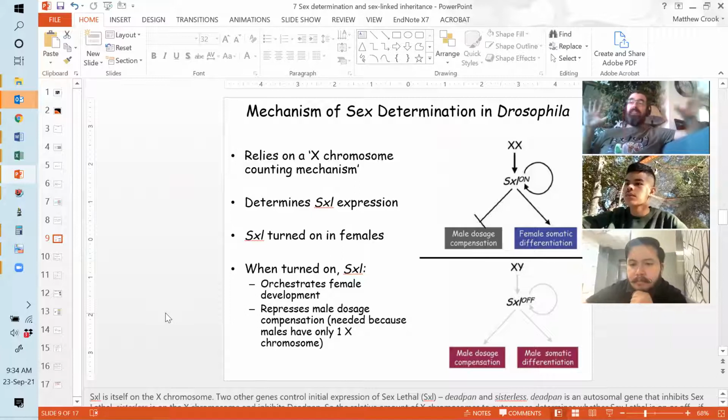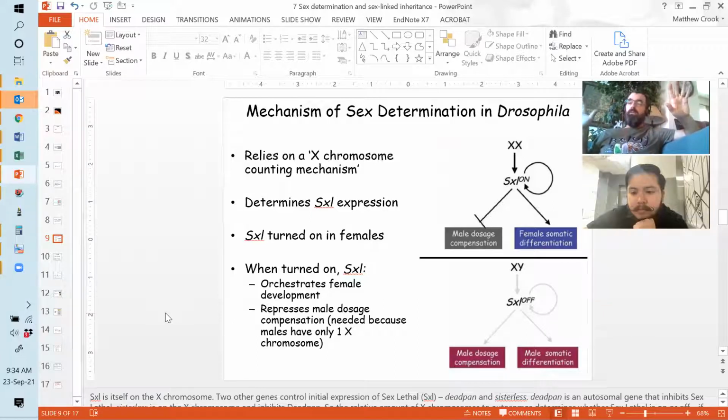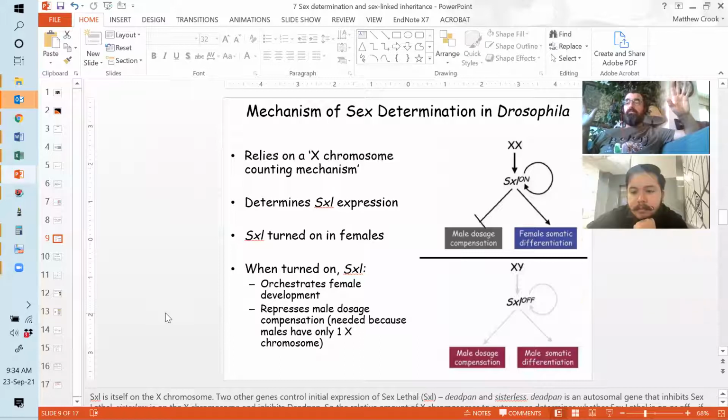Now, if you have an imbalance between those two, right? And the only way you're going to get that imbalance is if you have fewer X chromosomes, where sisterless is produced, compared to autosomes. So if you have only one X chromosome and two autosomes, or that ratio, then there's not enough sisterless.